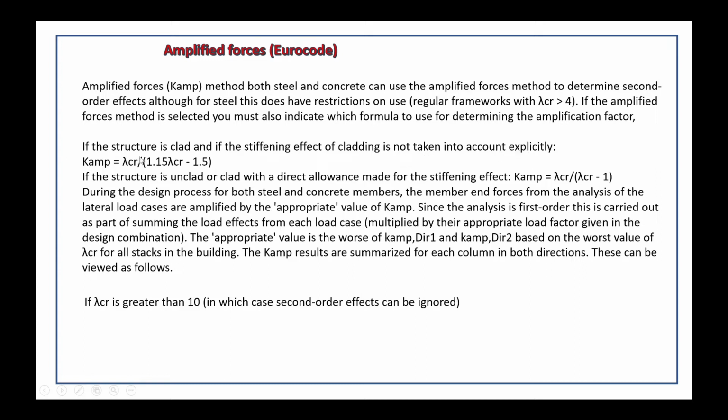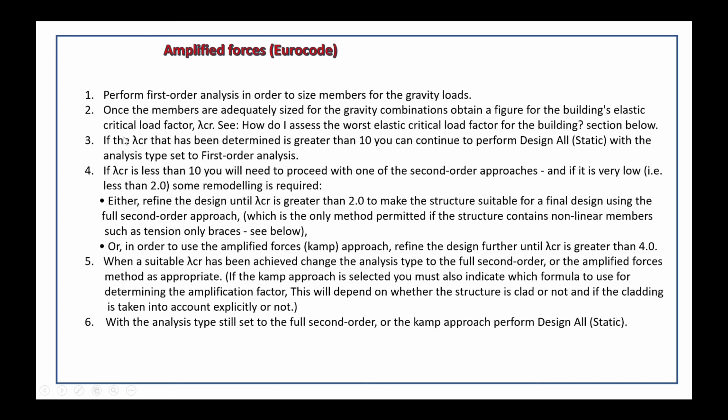Otherwise, the amplification factor is equal to lambda critical over lambda critical minus 1. And if lambda critical is greater than 10, the second order effect can be ignored. I wrote it, and you can read it from 1, 2, 3, and 6.